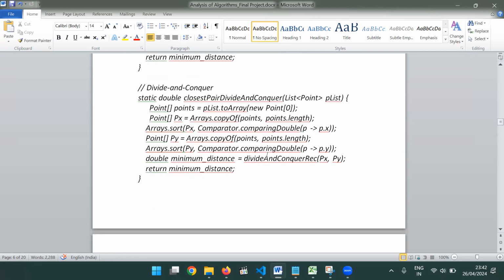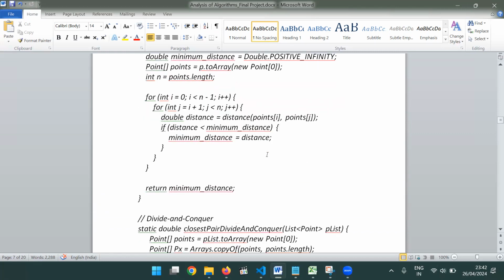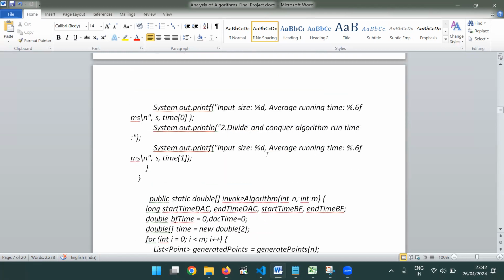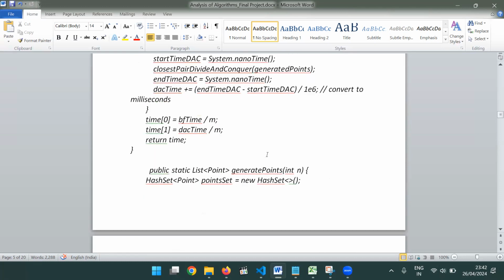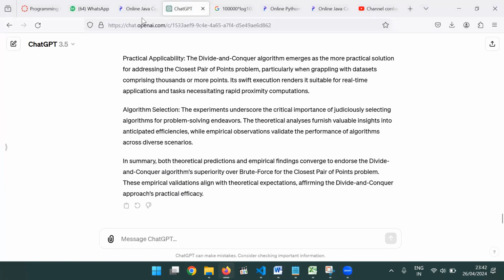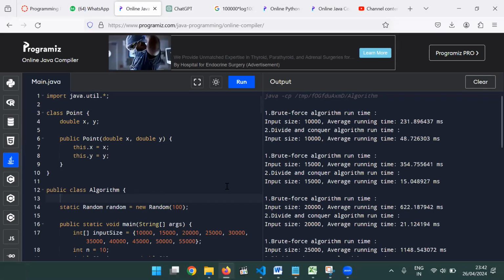And this is the code for the divide and conquer algorithm, and this is the code for brute force. This is the executed output of my code. I have pasted the same code in my document here.